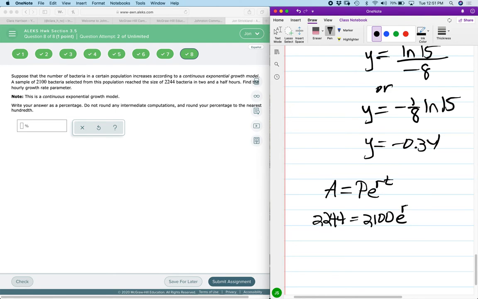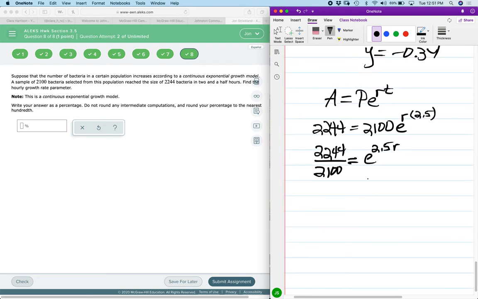So we're solving for r. For t, we have 2.5 hours. Dividing by 2,100, 2244 over 2,100 is equal to e to the 2.5r.